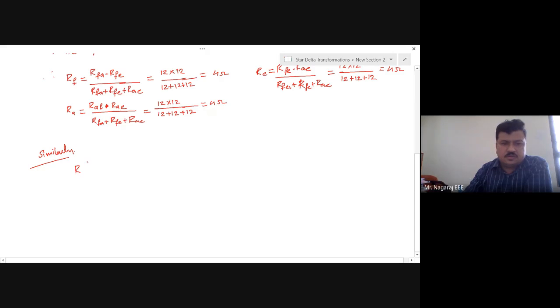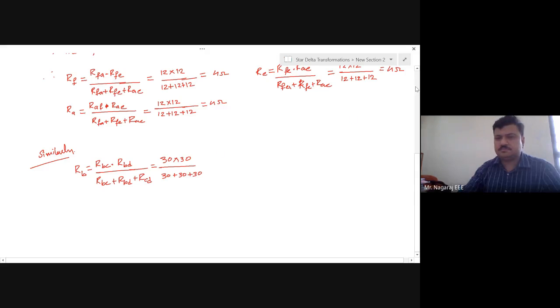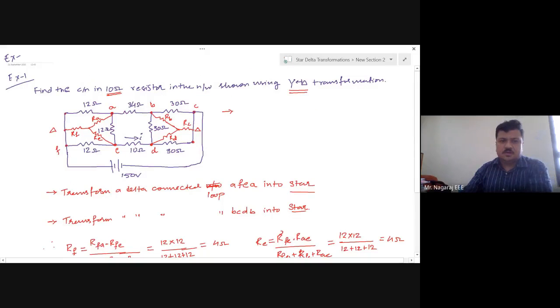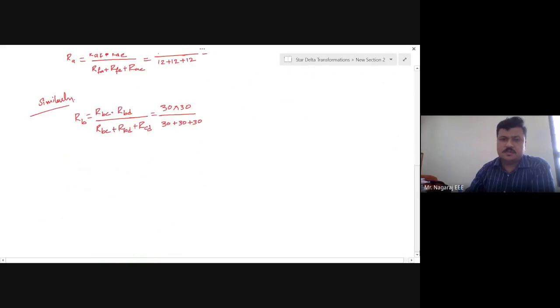Similarly, RB is equal to RBC into RBD divided by RBC plus RBD plus RCD, which is equal to 30 into 30 divided by 30 plus 30 plus 30, equals 10 ohms.